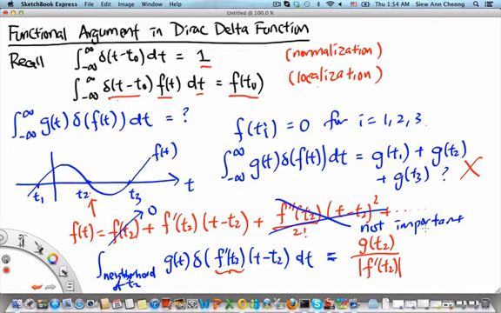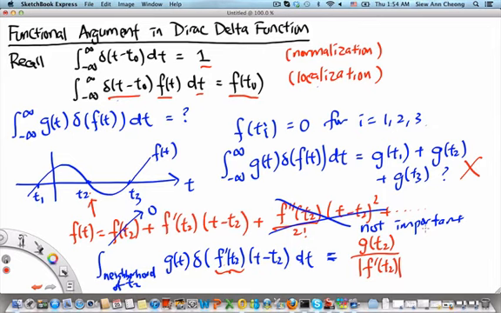And now that we develop the Taylor series of the function f of t about any of the roots, let's say we develop it about t2, we will end up getting g t2 divided by the absolute value of f prime t2.